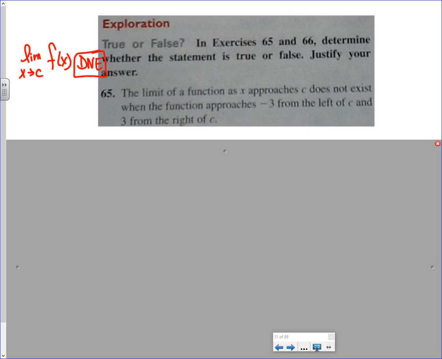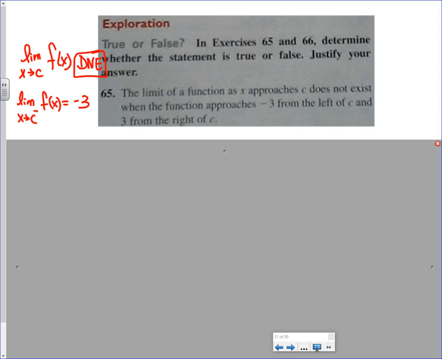That's what they're saying. When the function approaches -3 from the left of c, do you guys agree? Isn't that below c?